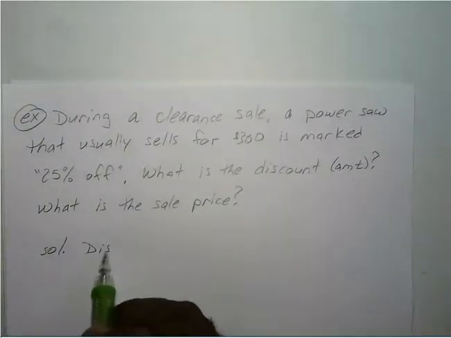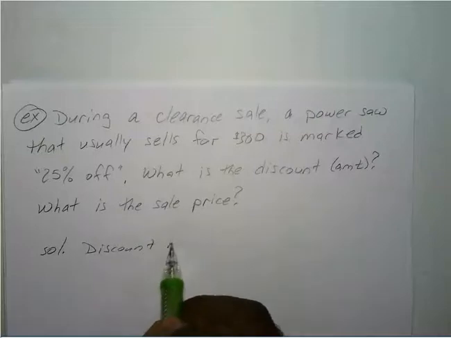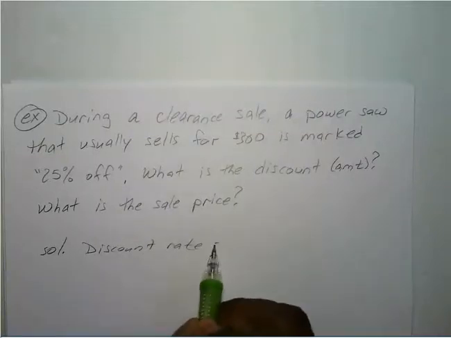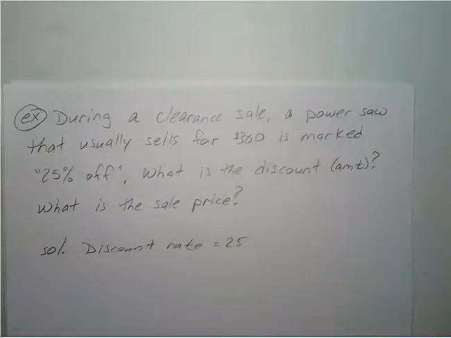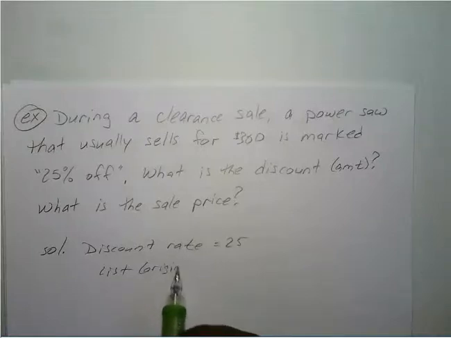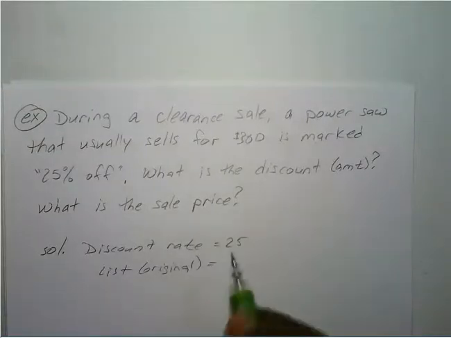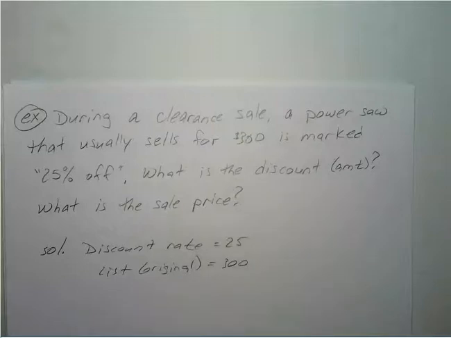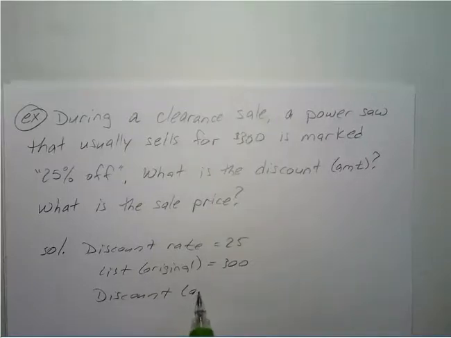So we have a discount rate of 25, and we have a list price, or original price, of $300. And we have a discount. Sometimes it may say discount or sometimes discount amount, same thing.